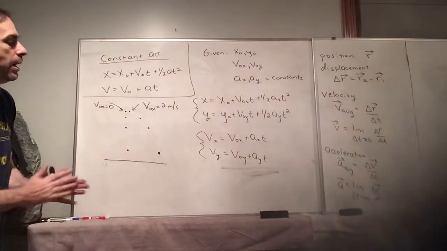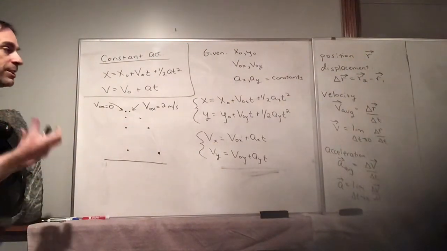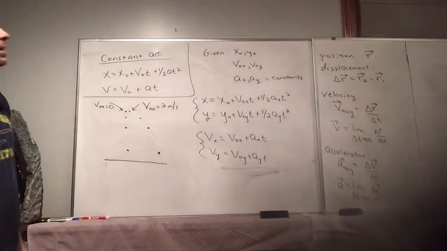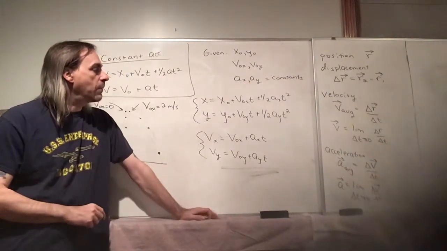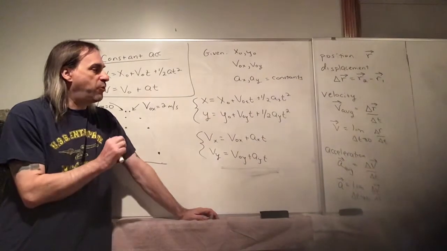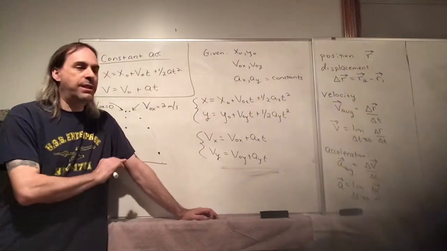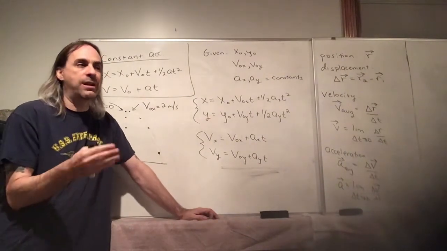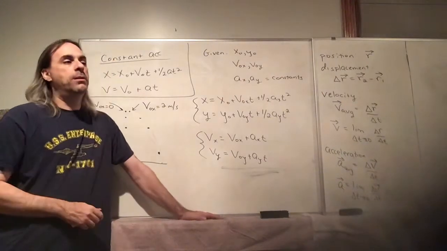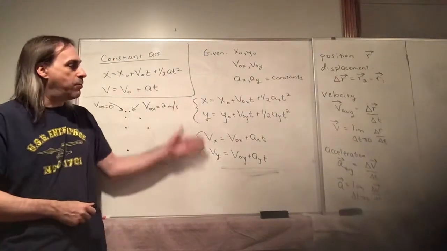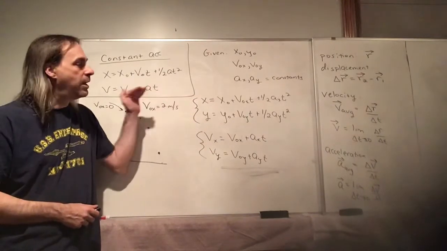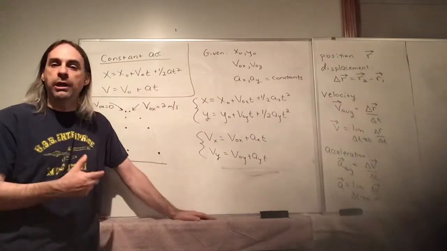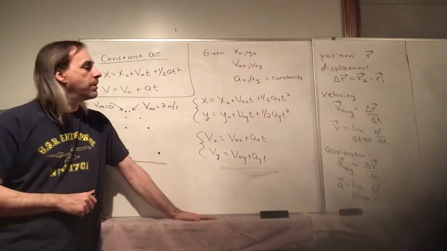And it's what makes vectors so amazing: we treat the x and y directions completely separately. I mean, they're connected by time, but we treat them as completely separate. What's going on in the x direction has nothing to do with what's going on in the y direction.